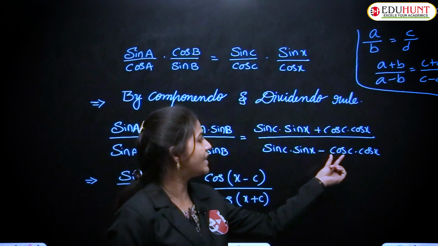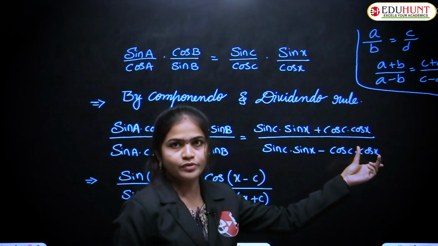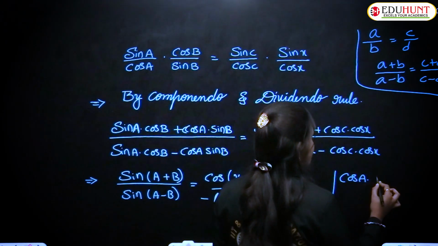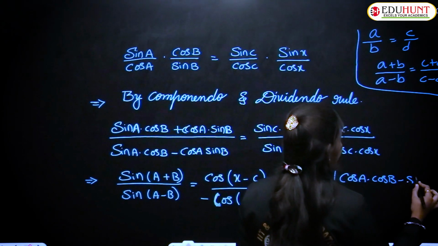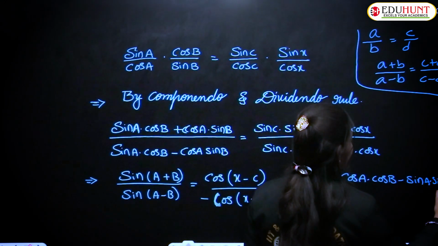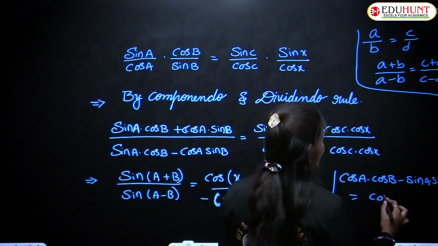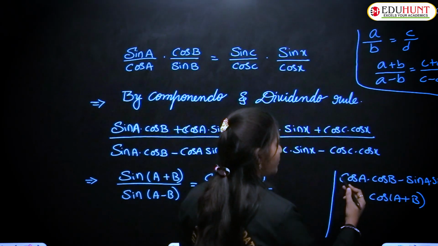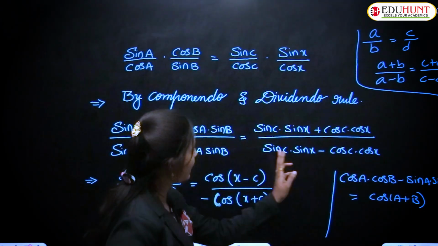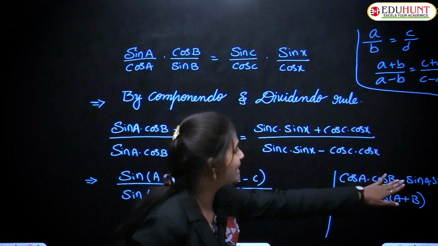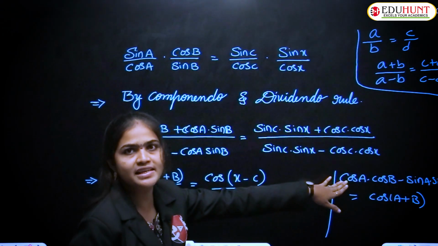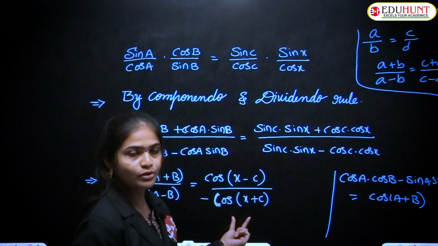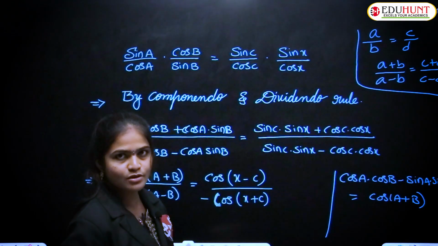Because sin C sin x minus cos C cos x, which means cos A cos B minus sin A sin B, which is equal to the cos of A plus B formula actually. But when you multiply with a negative sign, we have plus sin A sin B and minus cos A cos B. So that's why, in reverse, we have to write it, so take that minus as common.